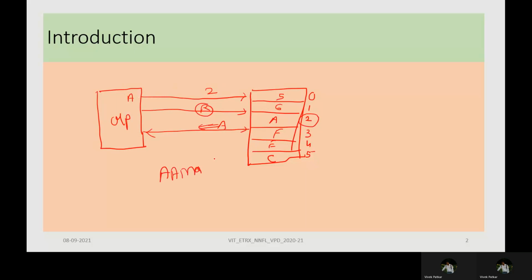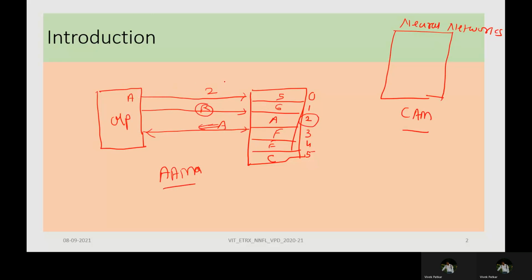When we have the tool of neural networks, we can design another form of memory. We call it content addressable memory, designed based on neural networks. What is the difference between content addressable and address addressable memory?